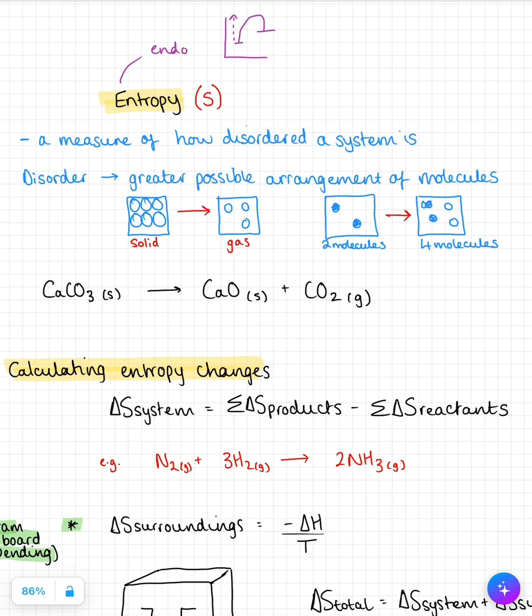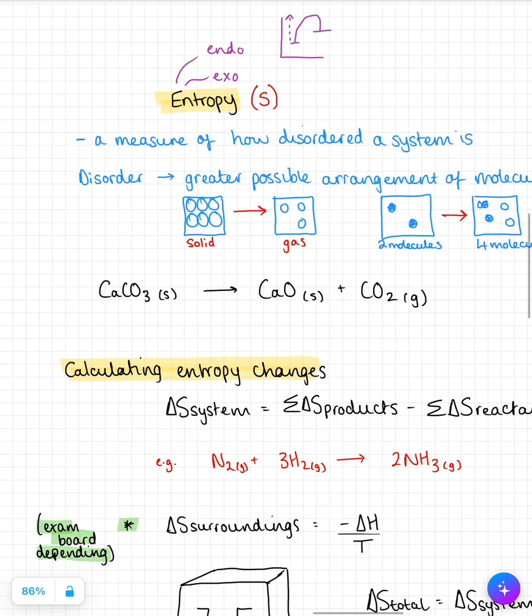Now, the majority of chemical reactions we see are actually exothermic, so they just go by themselves. Not a lot of energy is required to make them happen. So why is it that endothermic reactions occur at all? The explanation is entropy.